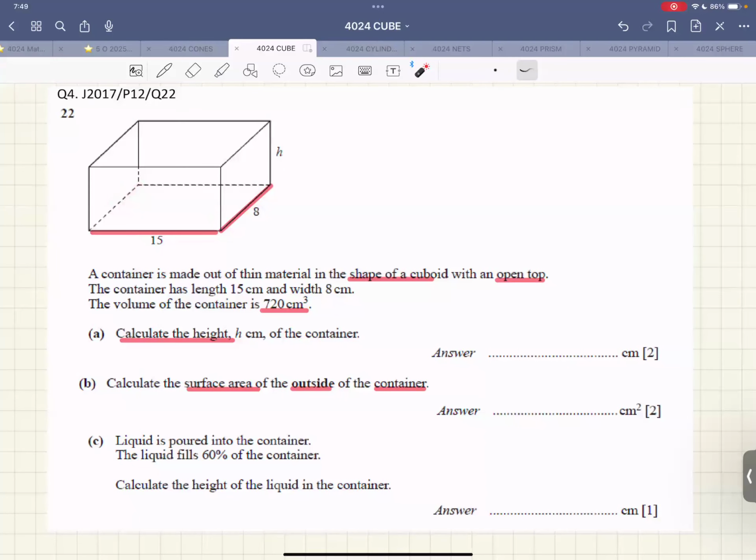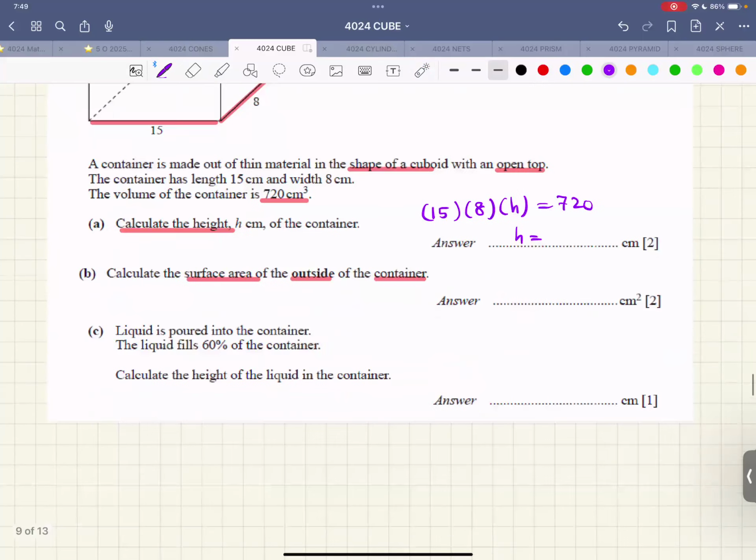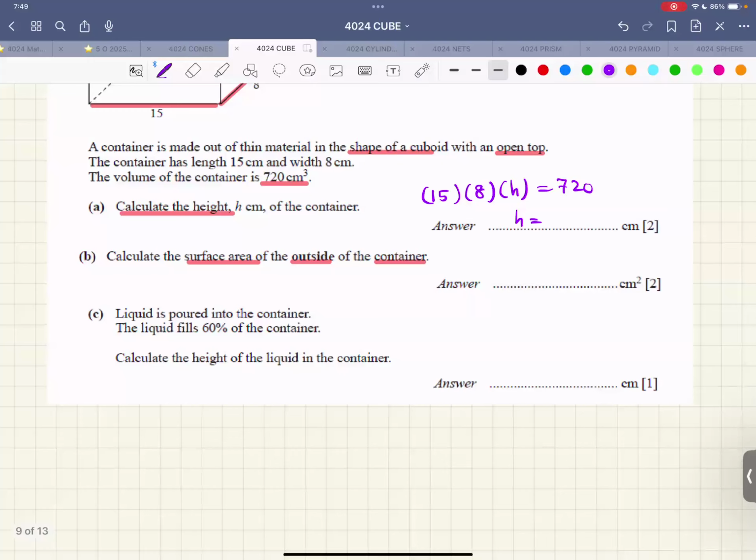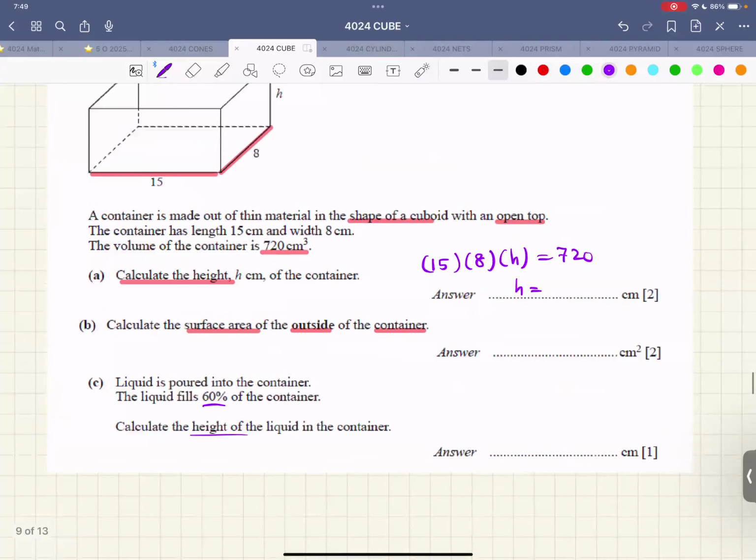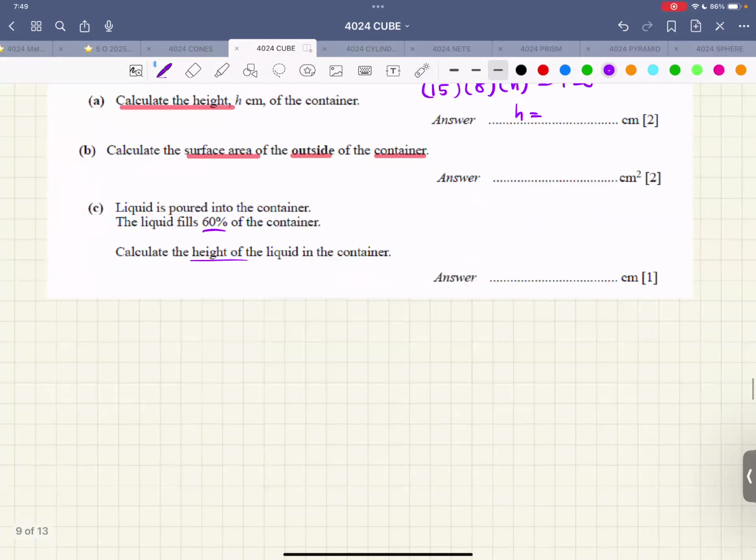Now, how can we find h? We can say that 15 into 8 into h equals 720. And then we find the value of h. And then it says liquid is poured into this container. The liquid fills 60% of the container. Calculate the height of the liquid. That means whatever is the value of h, just take 60% of h.